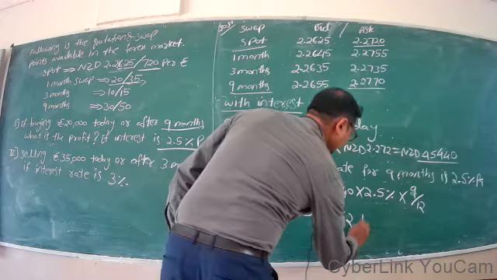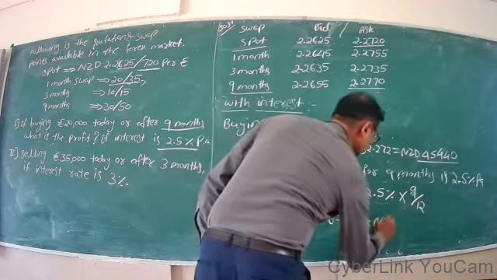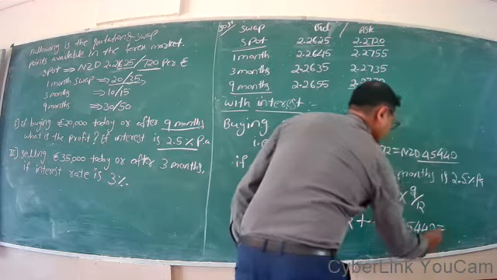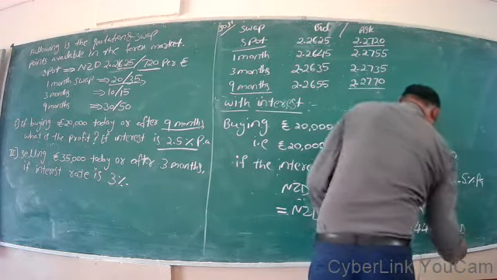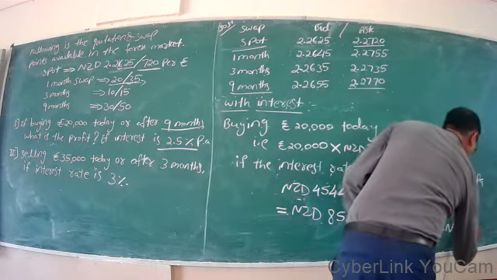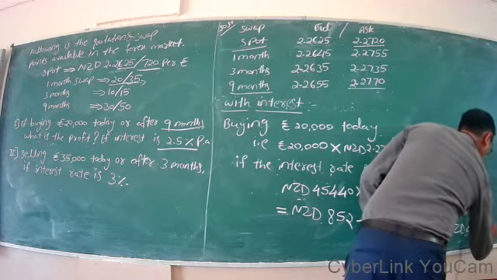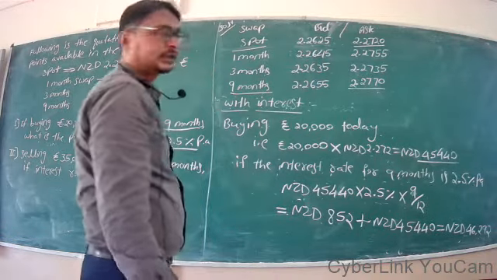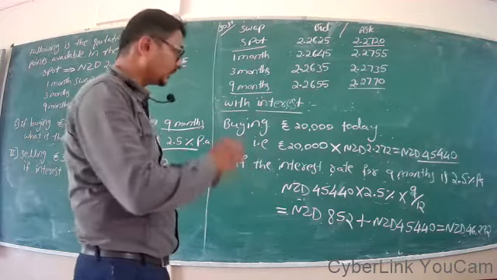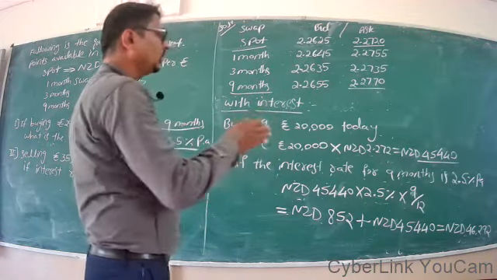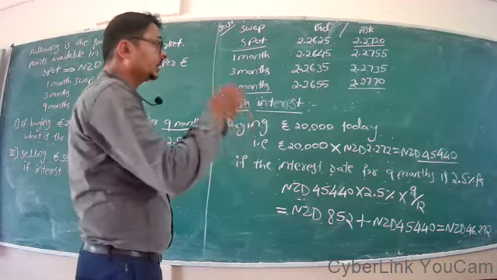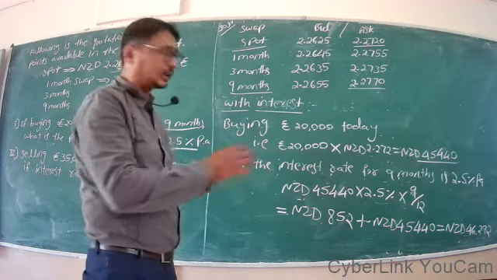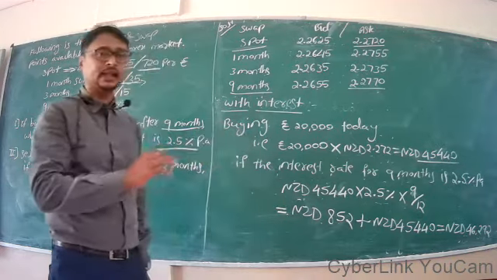So New Zealand dollar 852 plus 45,440, that is 46,292. So if you are borrowing 45,440 to settle this transaction for 9 months, you have to borrow 45,440 today, and for 9 months you have to pay 2.5% per annum. It is assumed that you are paying back after 9 months, right?